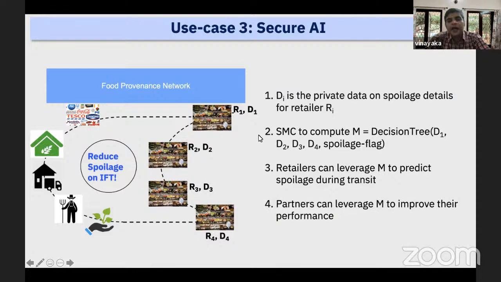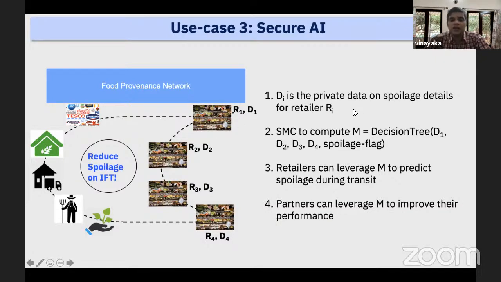Okay. Now, what they want to do is compute a decision tree which says what are the conditions under which spoilage is going to happen, right? So that in this network, when the conditions are being tracked, you can predict whether something is going to get spoiled or not. Okay.